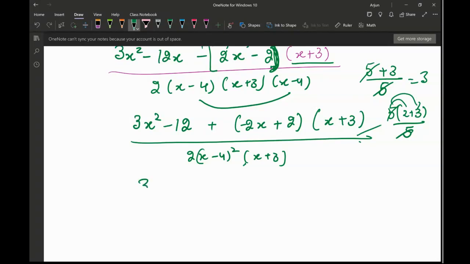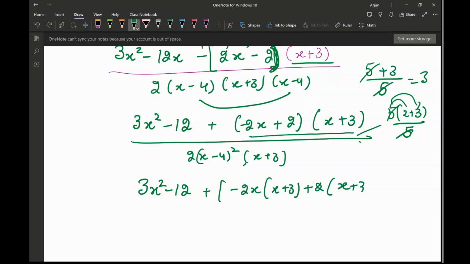All right, so hopefully you were able to understand that concept. 3x square minus 12. And then once I open the bracket, I will get a long term from here actually. So I will write it as plus negative 2x. I'm solving these two now. Negative 2x, x plus 3, and plus 2, x plus 3.